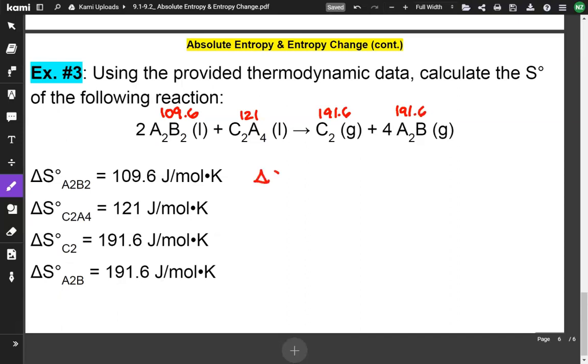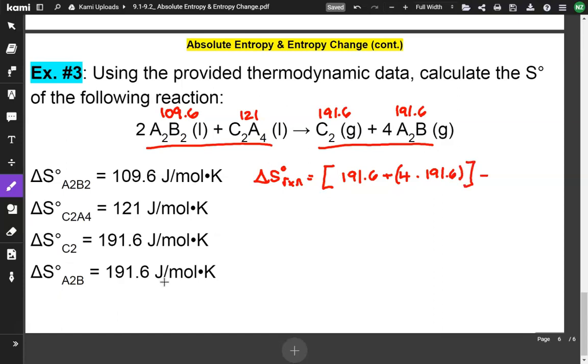So delta S of the reaction is going to be equal to, remember, it's products minus reactants. So C2 is just 191.6. And then we have 4 moles of A2B, so that's 191.6. And then we're going to subtract our reactants.